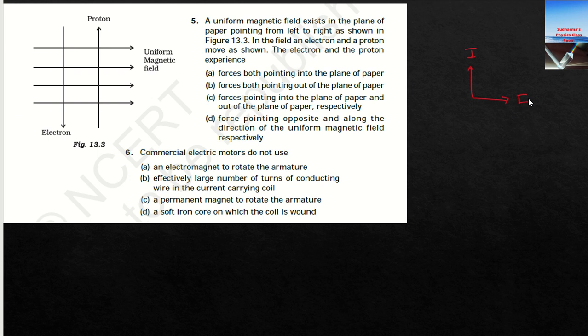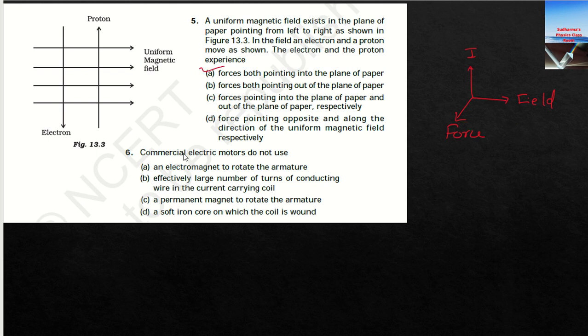This is magnetic field. So it will be into the plane. Okay, so proton moving upward and electron moving downward, both are the same situation. So this is the direction of force acting on the current carrying conductor. So we can say that forces both pointing into the plane of the paper.